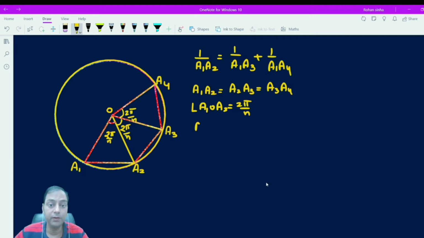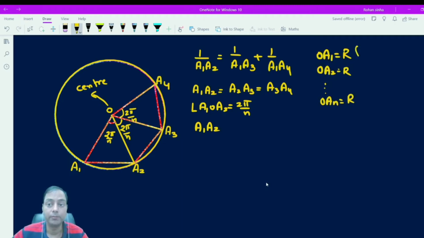So, if O is the center of the circle, and A1, A2, A3, A4 is a polygon which is inscribed in the circle. Let OA1 be equal to R, OA2 is also equal to R, till OAn is equal to R. What about R?